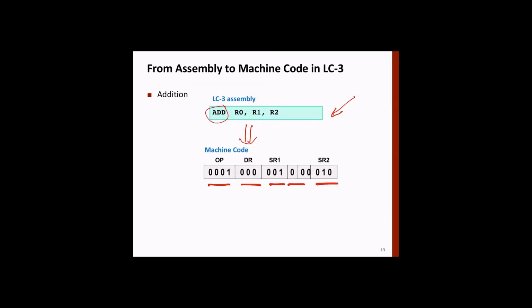Add is called the opcode or operation code, and for various operations we have different numbers. Similarly, the destination register number is 000. Source operands are R1 and R2, so there are two registers, 001 and 010. Now these bits are unused in this instruction.